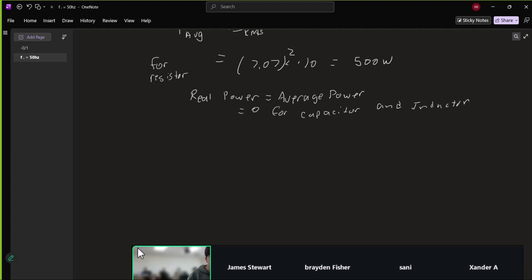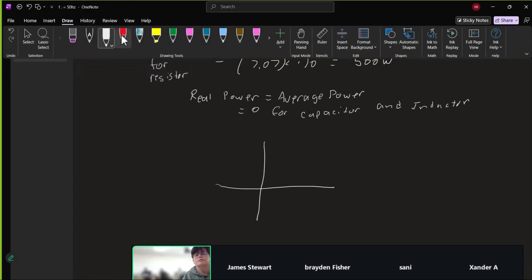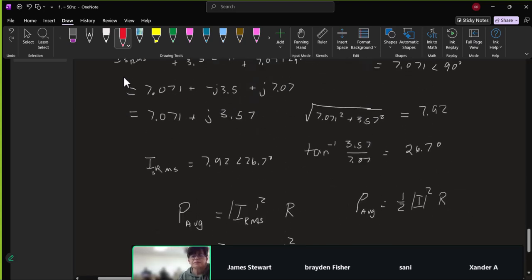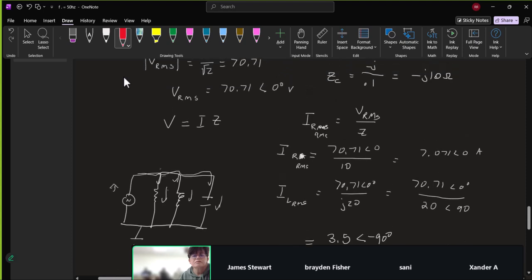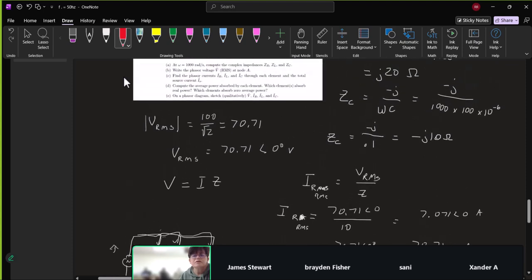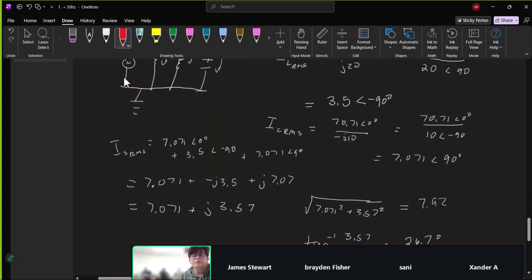So let's do this. Our voltage had angle 0. And what was the magnitude of the voltage? 70.71.